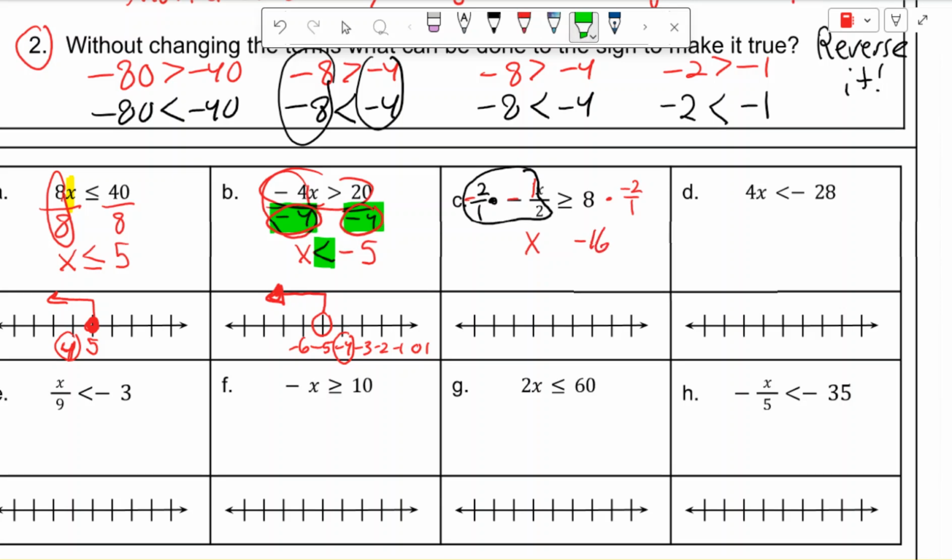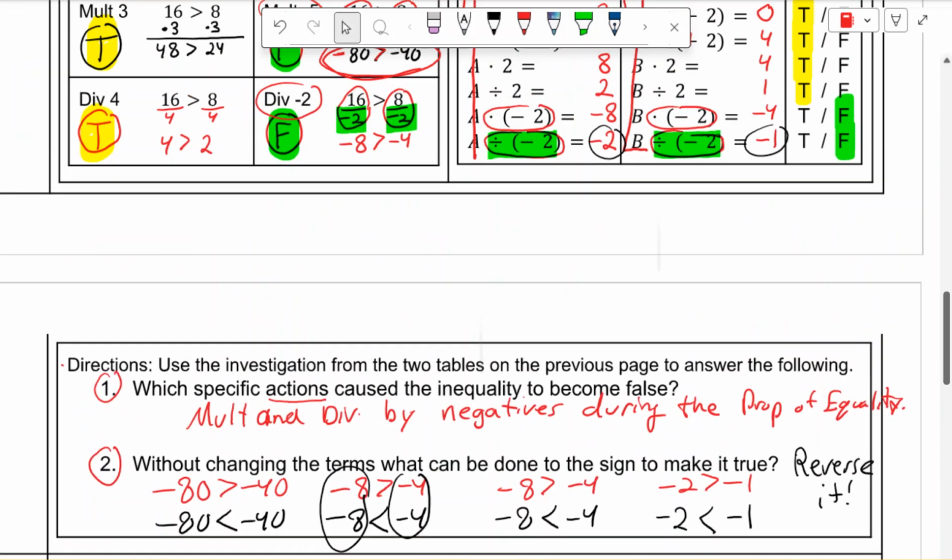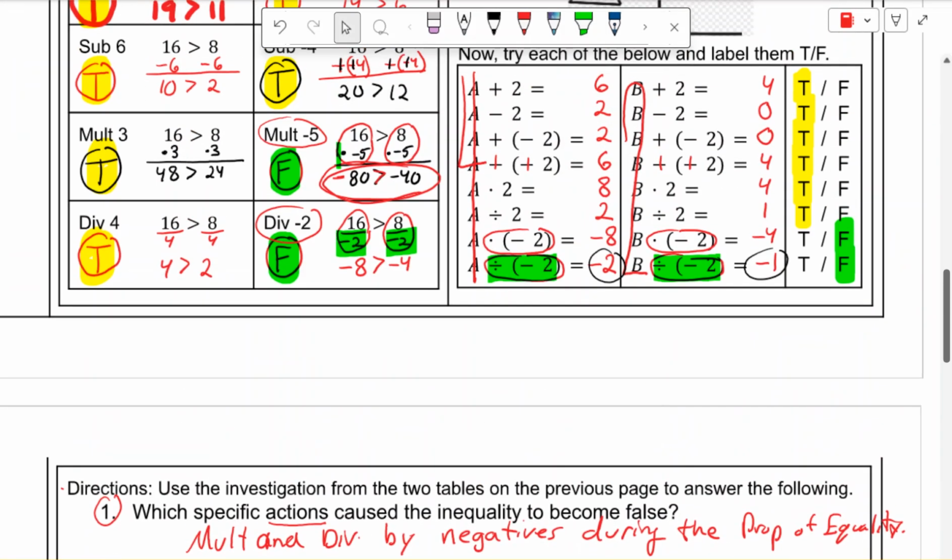Without even thinking about it, I am multiplying both sides, and I am multiplying both sides by a negative. So there's something that's going to happen to this sign. Let's look back at what we learned. When we multiply, look at this, multiplying by a negative on both sides, the sign became false.